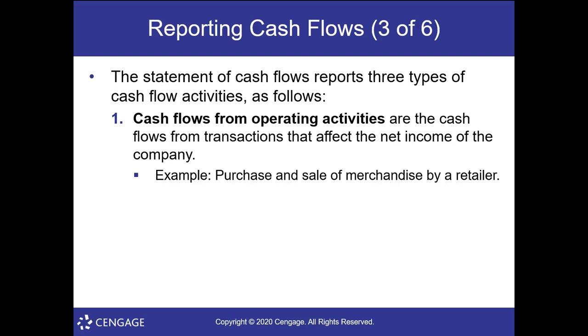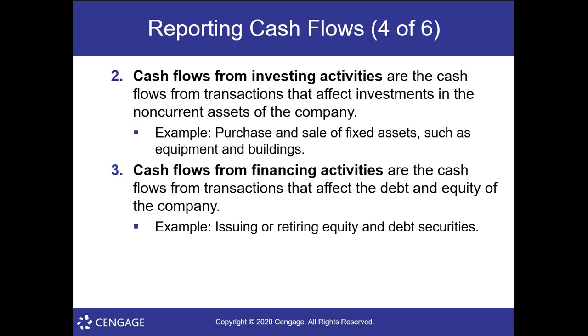So the three activities that the statement addresses are, first, cash flow from operating activities. This is the day in, day out activities that entities do in selling their goods and services. Second, investing activities: cash, where is it being used? Purchase of fixed assets, long-term assets, whether they be tangible or intangible.